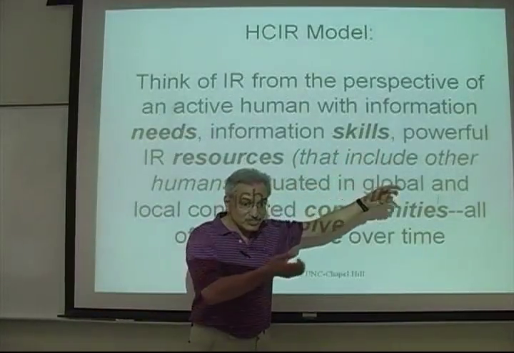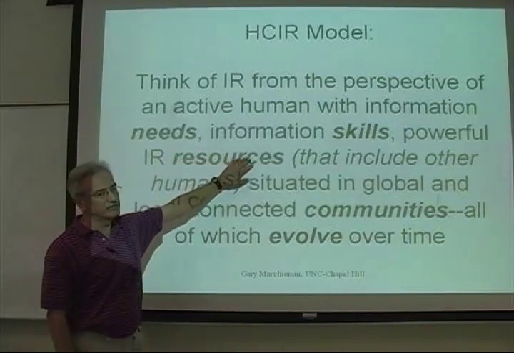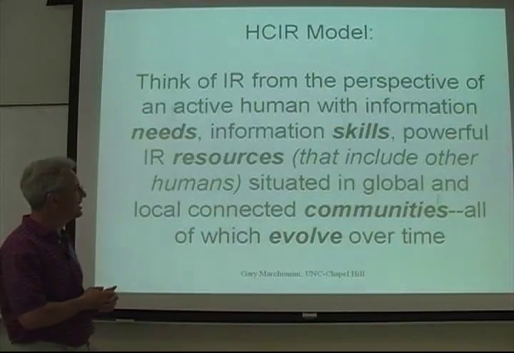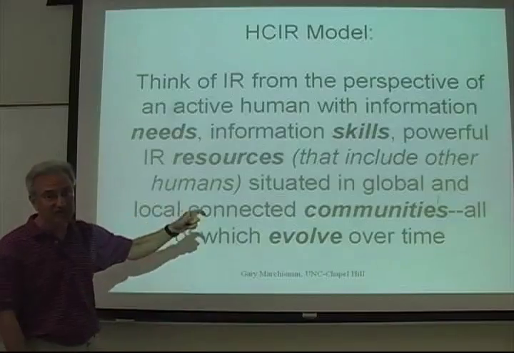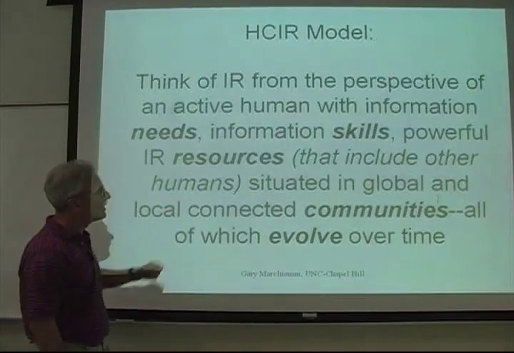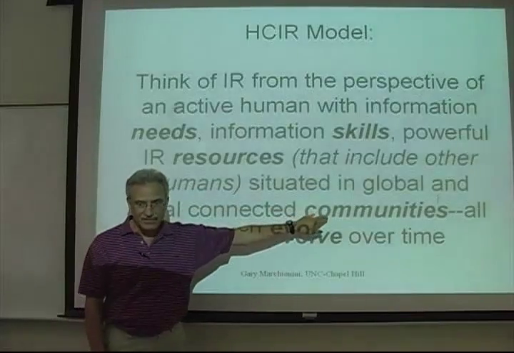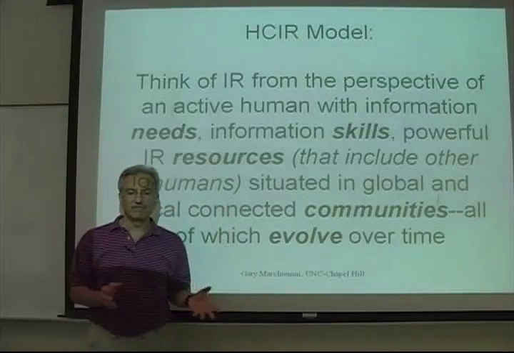So let's get the human skills involved here. Powerful information retrieval resources: these are the digital libraries and the web resources that are out there. And those could include other people, not just these documents. They're all situated in global and local kinds of communities that might also be leveraged here. And all of this evolves over time.